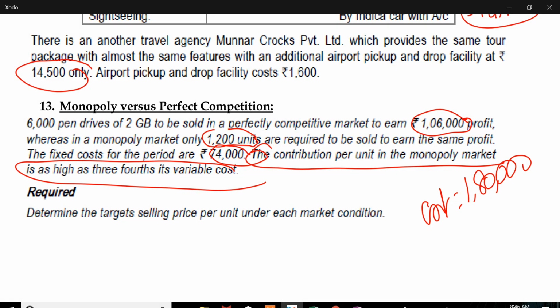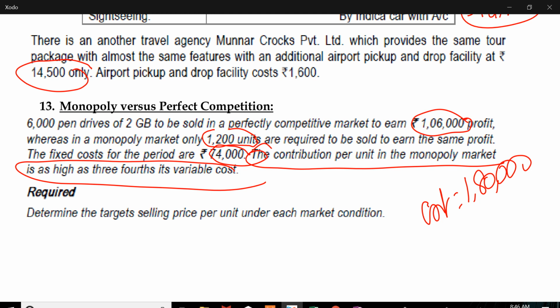The fixed cost is 74,000, and hence the overall contribution is 1,80,000.